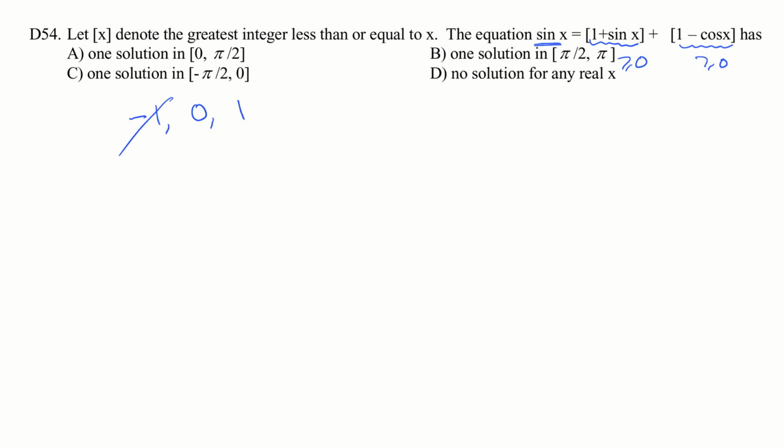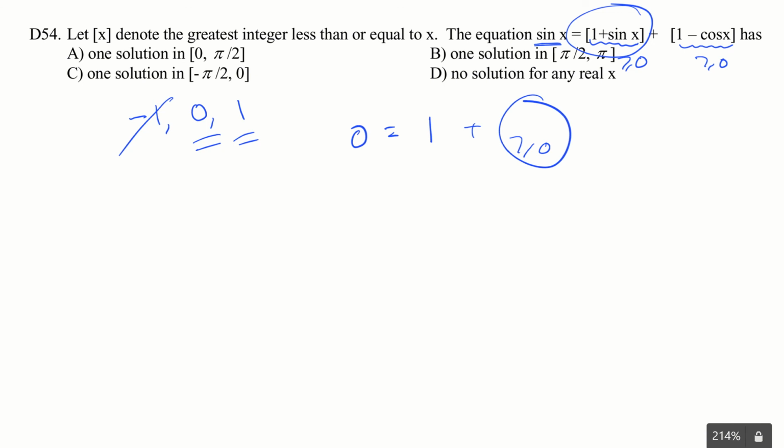Now, let us take cases. LHS can take only these two values. If LHS sin x is 0, then you can see that RHS, the first part itself is 1 plus the second part. Therefore, it's not possible to have a solution because 1 plus something greater than or equal to 0 you are going to add.